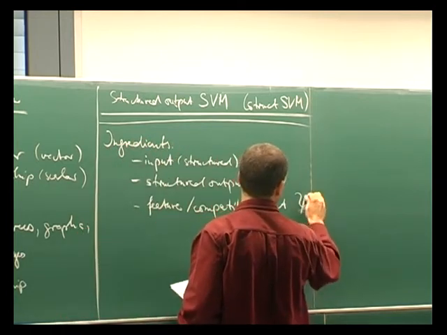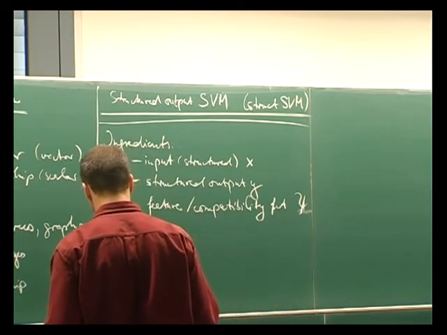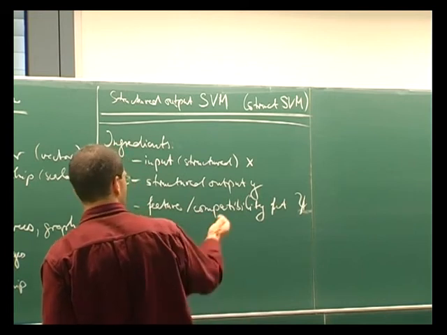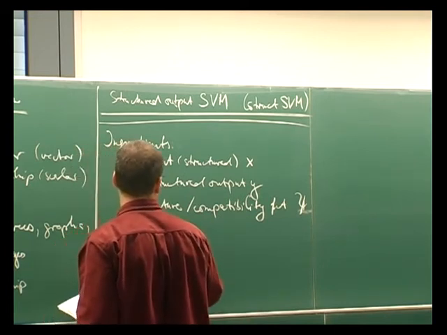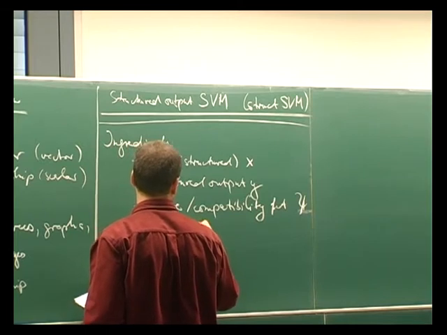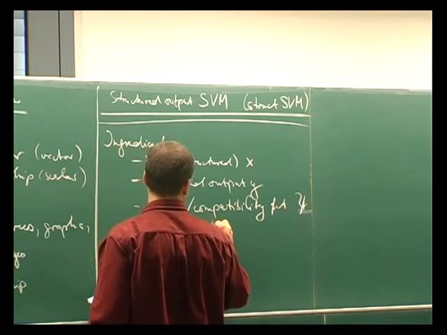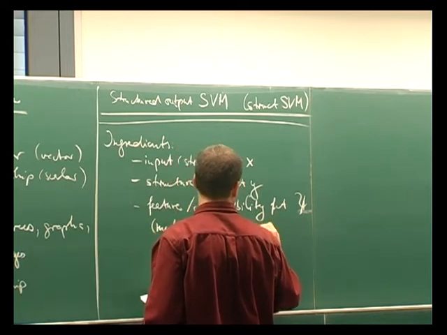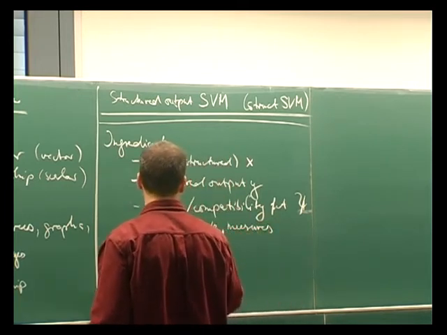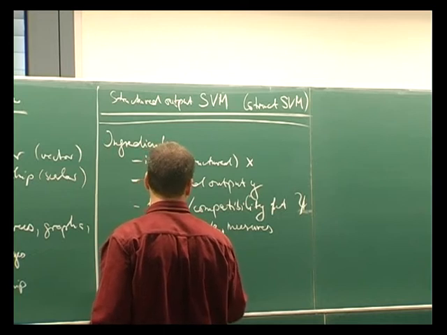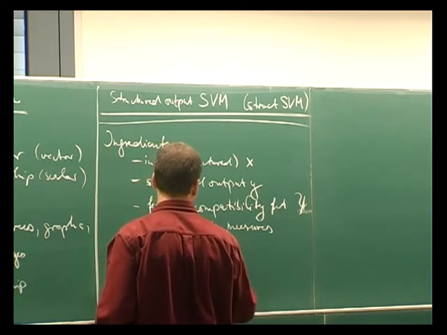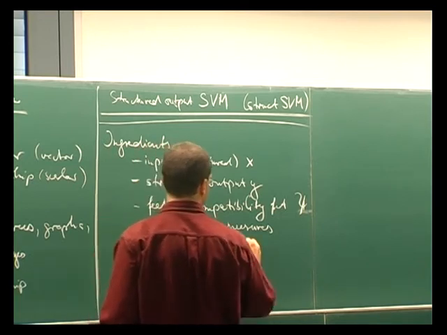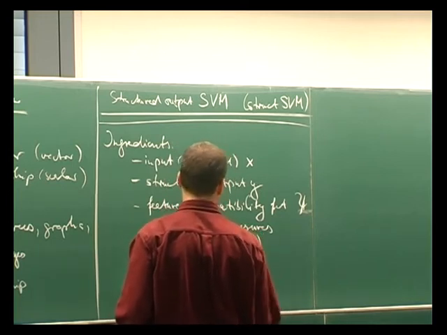I'm going to use this notation, which is multivariate. And as the name implies, it measures the compatibility of a given input and a given output.